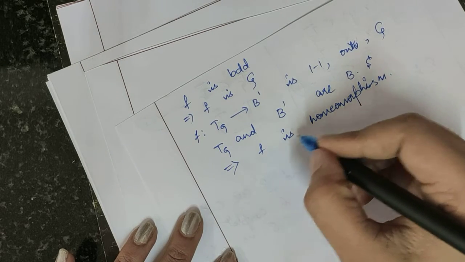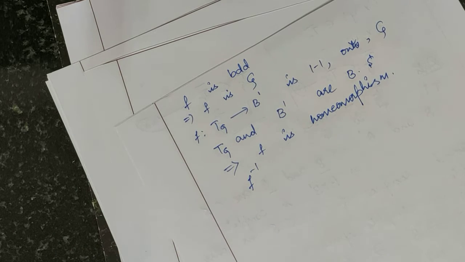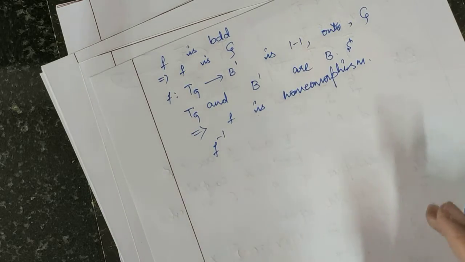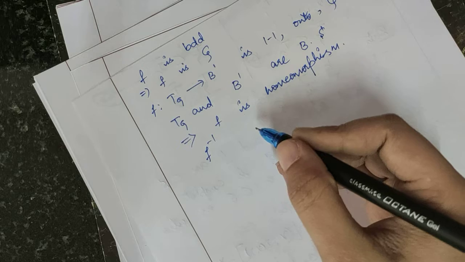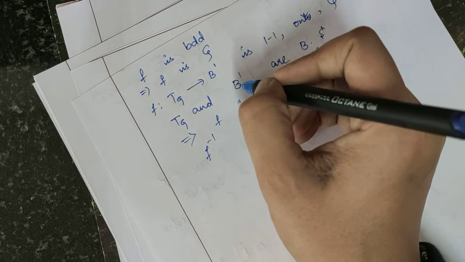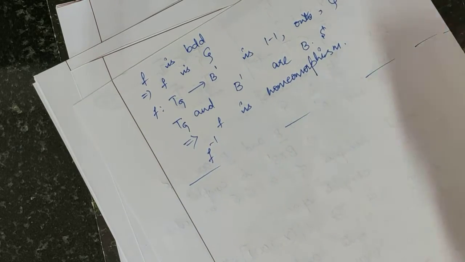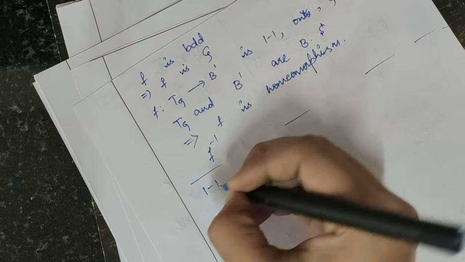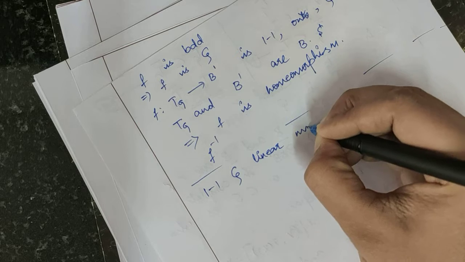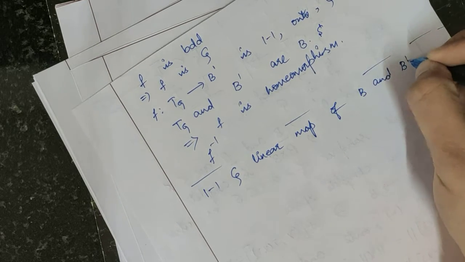Now, if f is a homeomorphism, then there exists f inverse, because the known fact we have is a one-to-one continuous linear map of a Banach space B onto B prime is a homeomorphism.